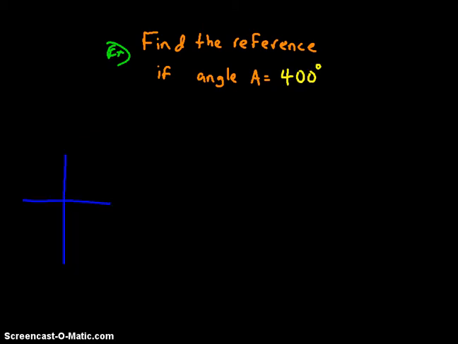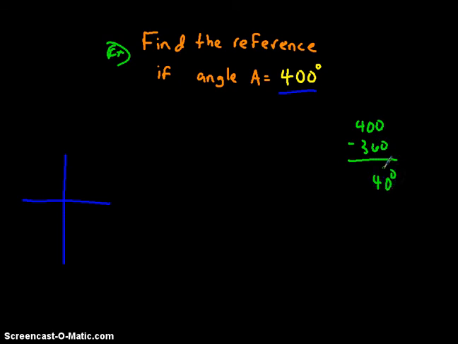Then we also have a case where we have to find a reference angle, and the angle is a really big angle, like 400 degrees. So what I would do is graph it, but to graph 400 degrees, we know to find a coterminal angle. So for a coterminal to 400 degrees, you take 400 and subtract 360 from it, and the coterminal would be 40 degrees.